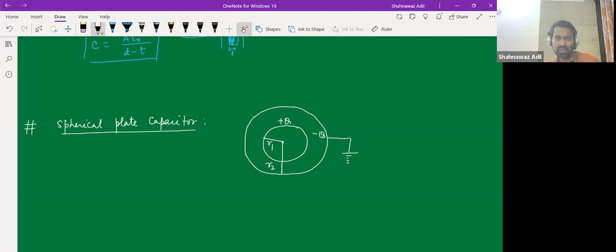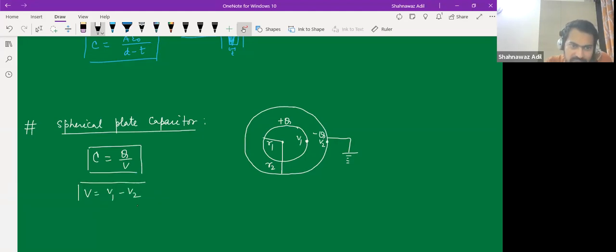So we have to calculate the capacitance. This is Q by V, so we have to calculate the potential difference between this sphere and this sphere. Let's say this is V1 and this is V2, so we have to calculate V1 minus V2.